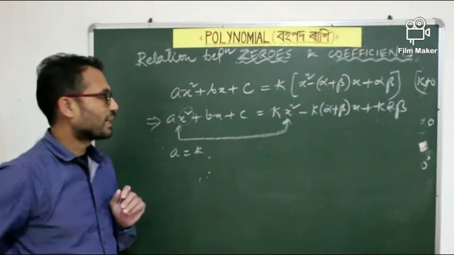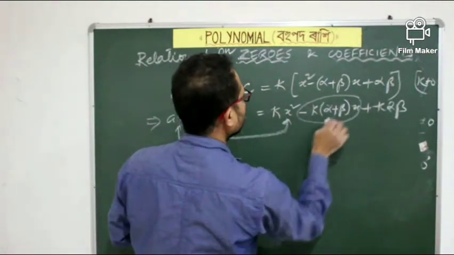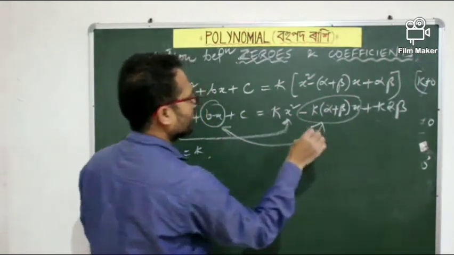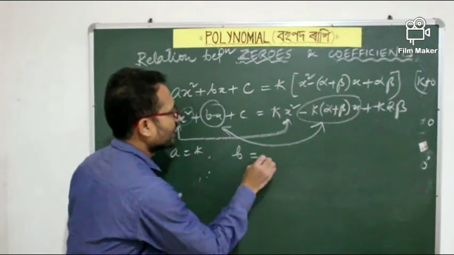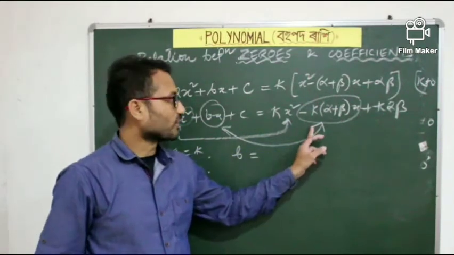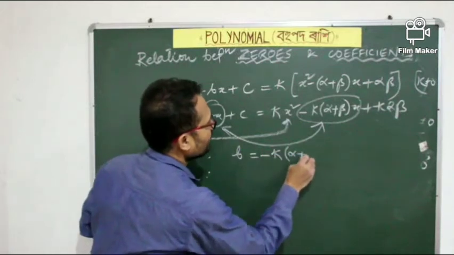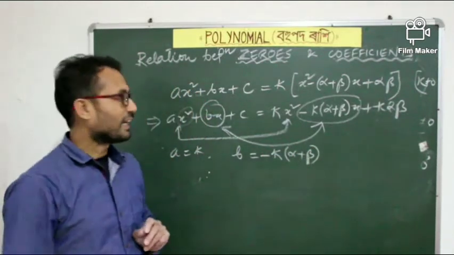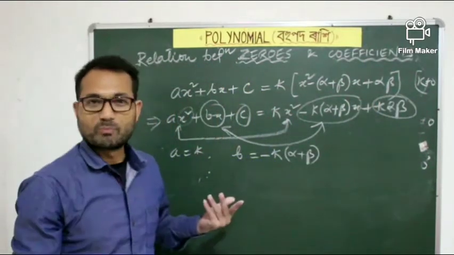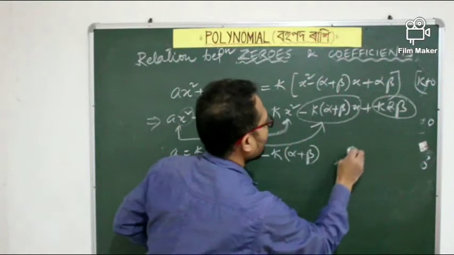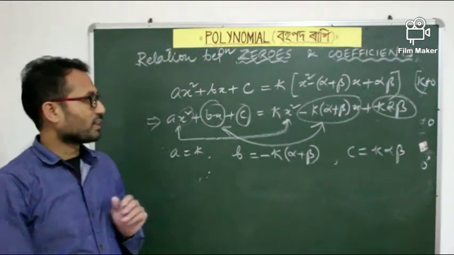Now compare the coefficient of x: b equals, don't forget the minus sign, minus k times alpha plus beta. And the constant on this side will be equal to the constant on that side, so c equals k times alpha beta.